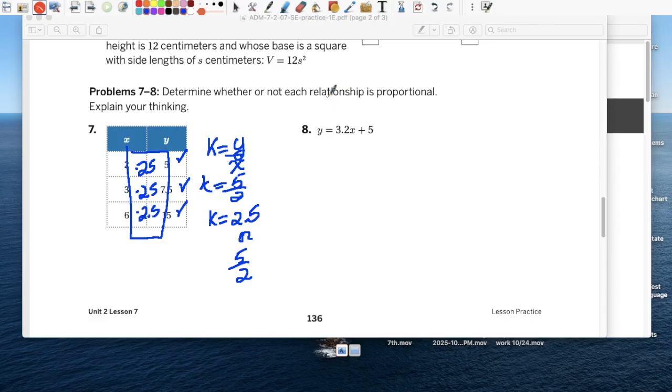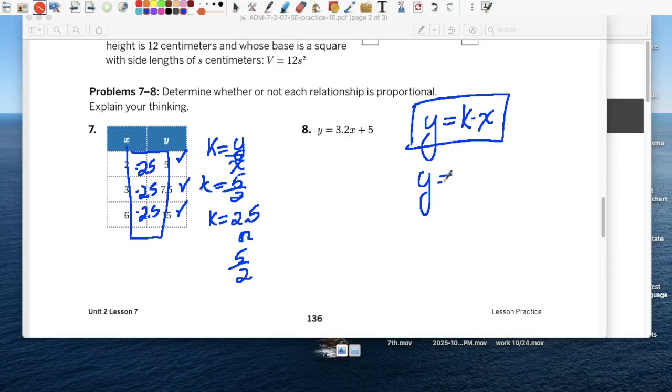Now, this one over here, again, look at your equation. An equation that represents a proportional relationship is in this format. So this is almost, here's my y, here's my 3.2, which is the constant of proportionality, times x, but it has something extra, the plus 5. So are they both in the same format? They're not.